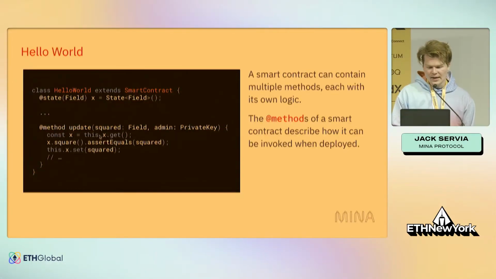In this case, we'll get x from the on-chain storage, store it in the variable x, square it using the square method, and then assert that it's equal to its square. And then we'll set x on-chain to squared. So if you were to pass in an x that wasn't the square of the prior x, this assertion would just fail, and it would be impossible to generate a valid zero-knowledge proof.